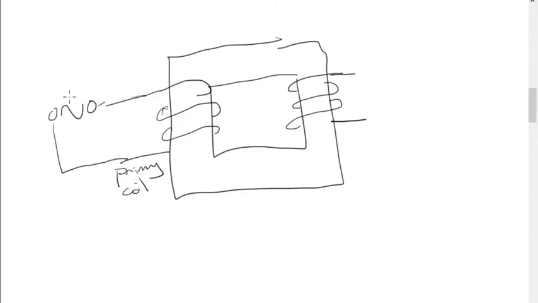Anyway, so you have an alternating current in the primary coil which generates an alternating or constantly changing magnetic flux or magnetic field in the iron core. So when this field passes through the secondary coil, that's when we have a rate of change of flux. Do you get it?